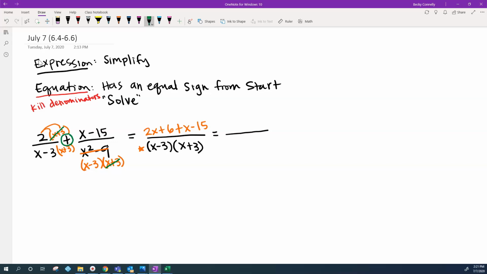And I can only cancel things out when they're connected by multiplication, because that canceling is really, a better way to say it, is dividing out, okay? But then if I combine my like terms together here, I'd get 3x minus 9 on the top, and then x minus 3 times x plus 3 on the bottom. I still have to keep that common denominator through it.